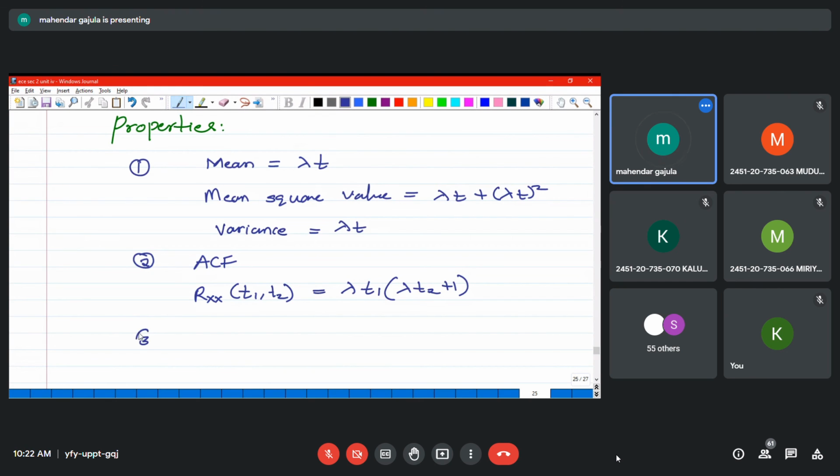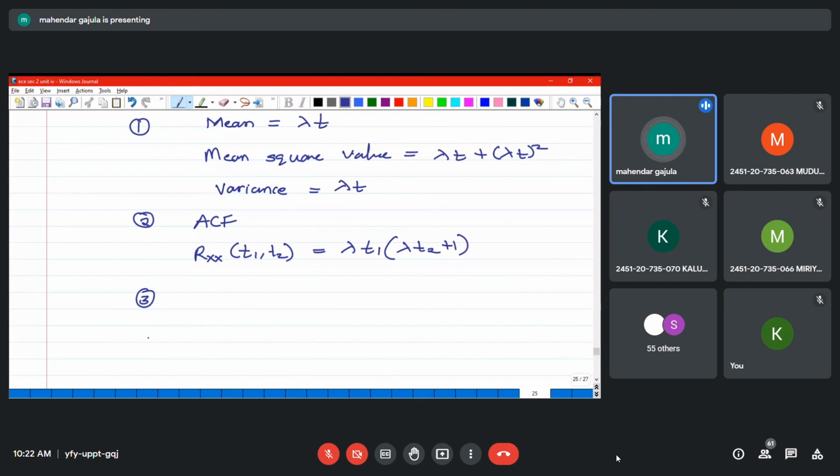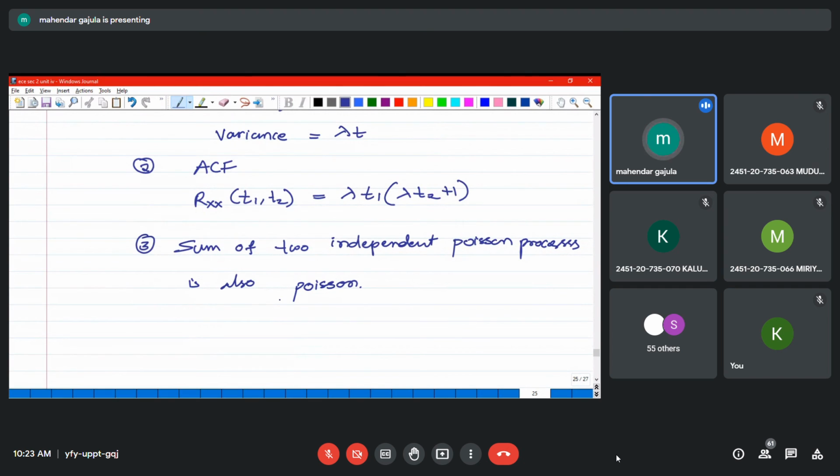And the third one, the sum of two independent Poisson processes is also a Poisson process. Means the sum also follows the same distribution.